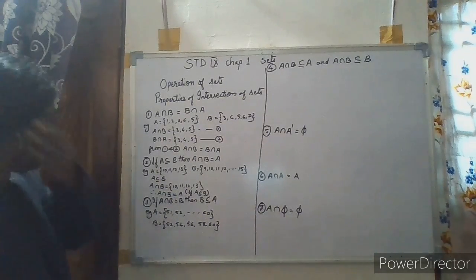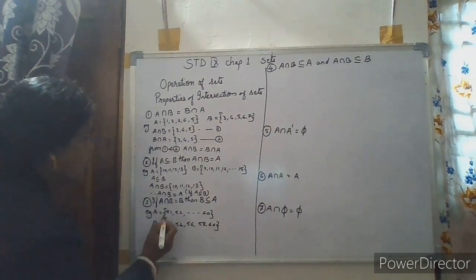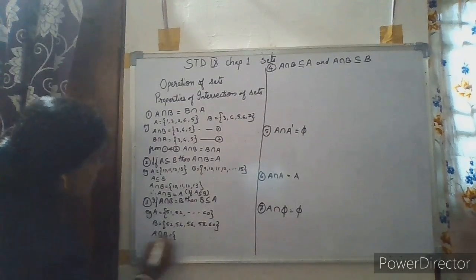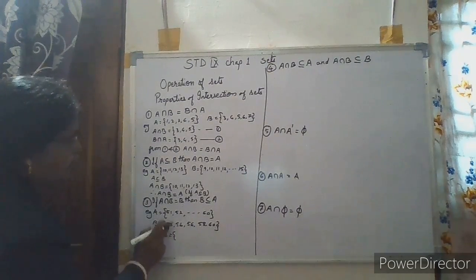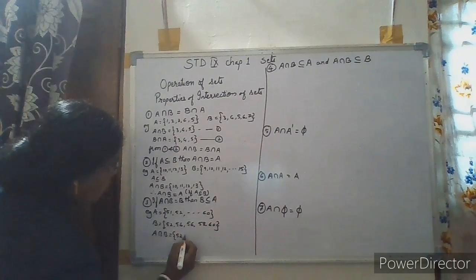This is set B. Now, let us find out A intersection B. What is common between A and B? 52, 54, 56, 58 and 60.